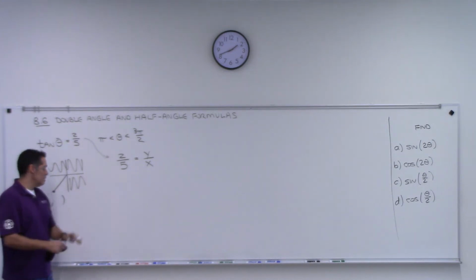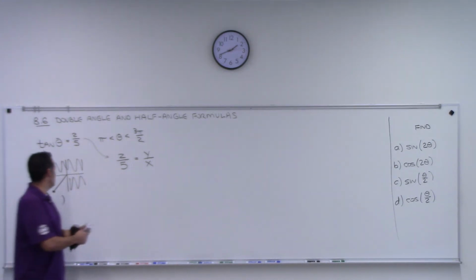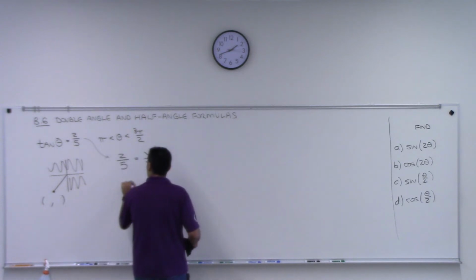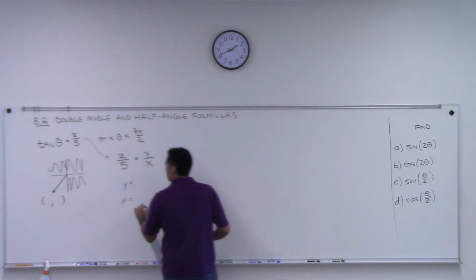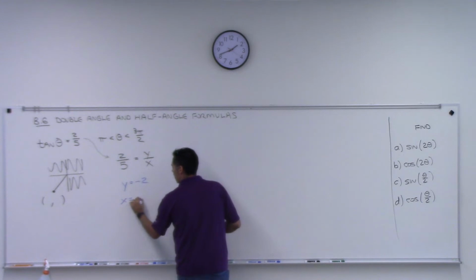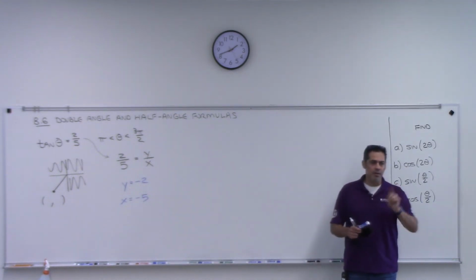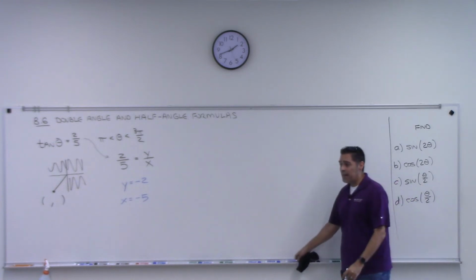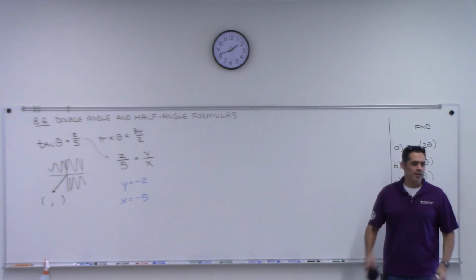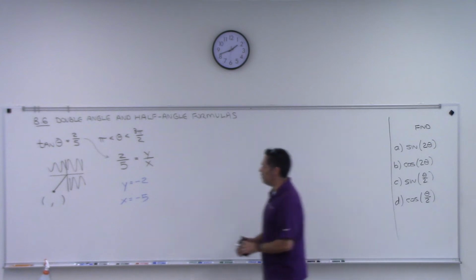So in actuality, our y is actually what? And our x is actually what? -2 and -5, respectively, because you're in the third quadrant. If you don't catch that, everything else is going to be wrong, so be extremely careful here.